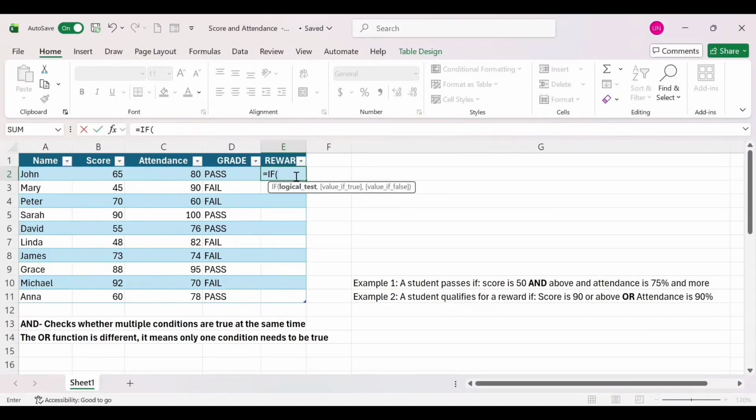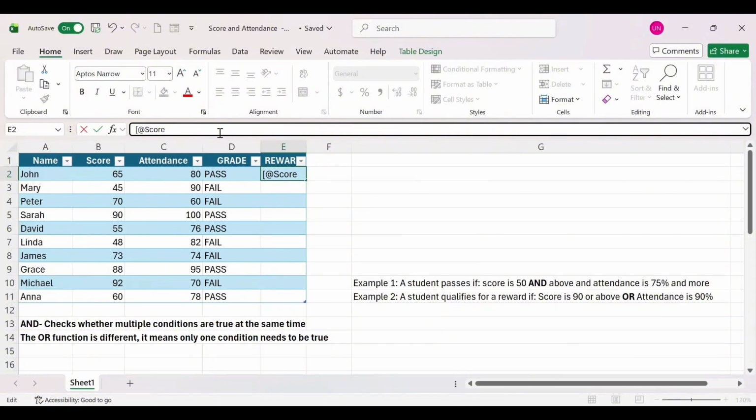So let's get into it. So if John, I will just do the way we do the cell referencing.